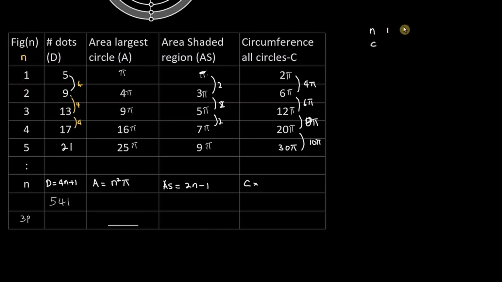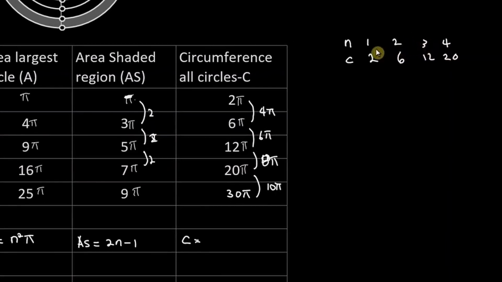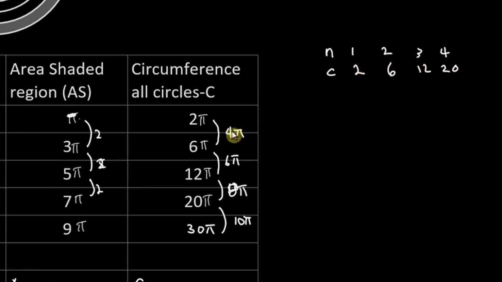So n is equal to 1, 2, 3, and 4. We notice that the circumference, and let's just leave pi off for a while, we could write 2, then it goes up to 6, then 12, and 20. Why am I doing this? Because this difference between one figure and the next is not uniform. So I will need to look in the column n to see if I could get some help with the pattern.